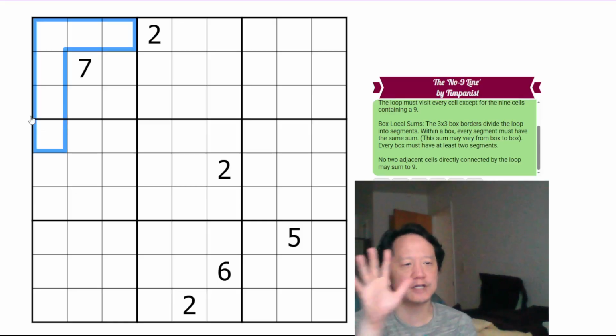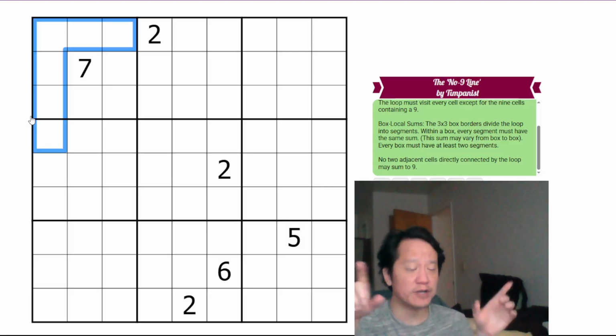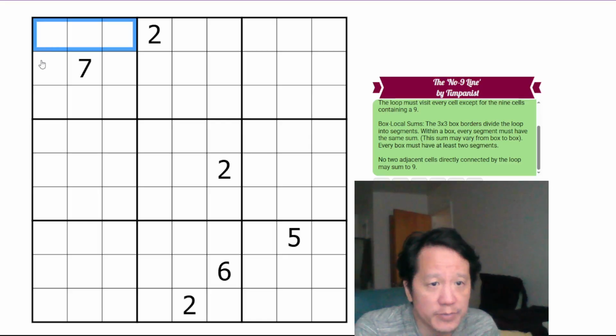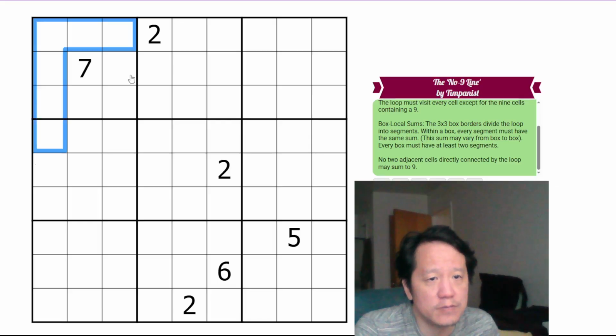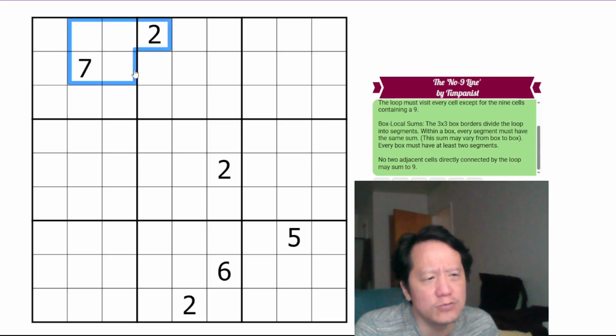Because, again, you can't have 6 digits in the same segment. You could have it in all of the corners, right? So it could be segment in and then segment out. And then this would be in and out. You could have something like this too. Actually, yeah. How do we do that?